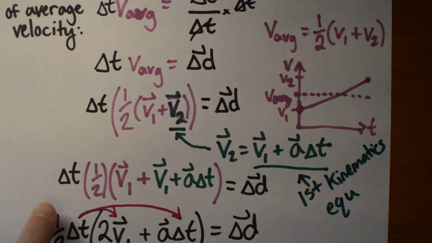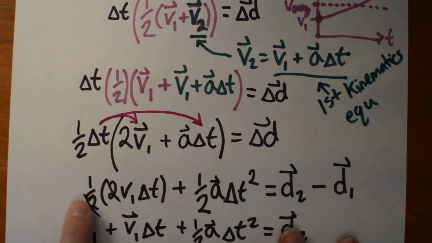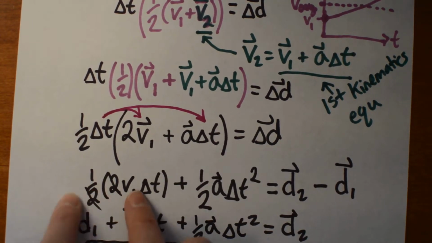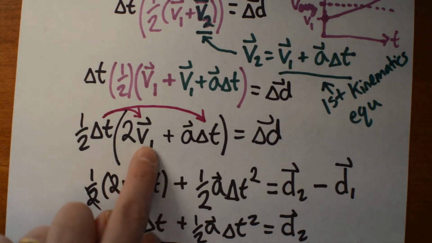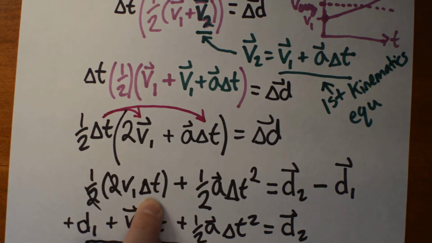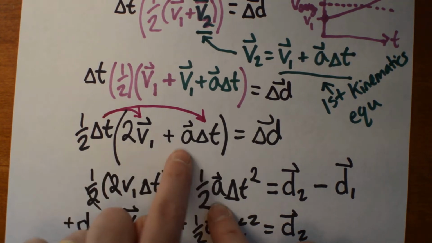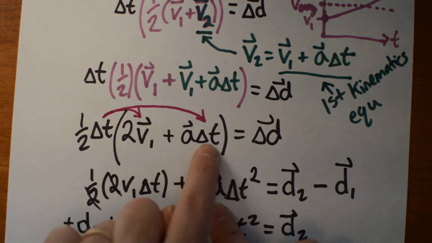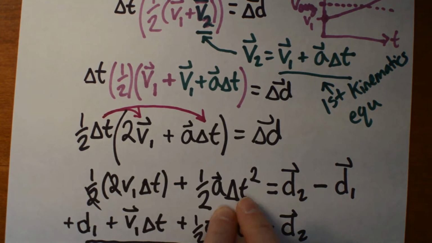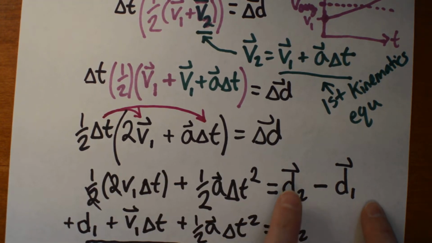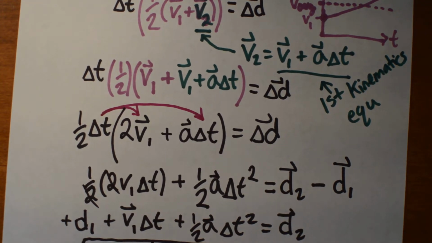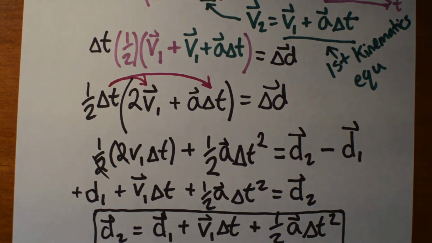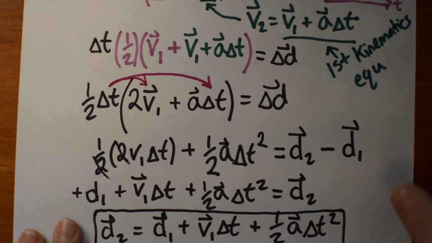Then we used distributive property to bring in the half times delta t here, multiplied it by the first term, multiplied it by the second term. That gave us a half times 2, just canceled out. So there's just left a v1 and a delta t in the first term. The second term we had a half times the acceleration times delta t makes delta t squared. We expanded out our delta d into d2 minus d1 and moved the d1 to the other side, and that gave us our second kinematics equation.